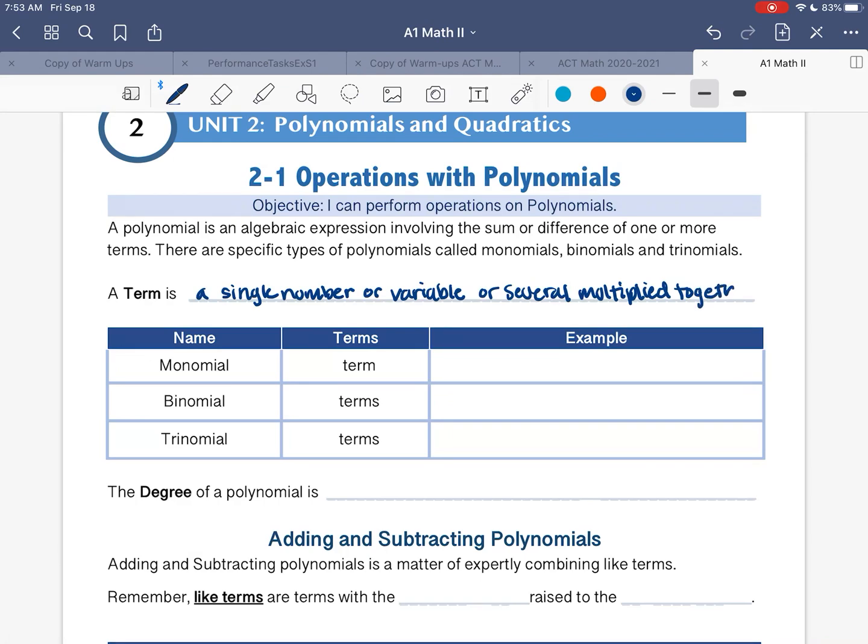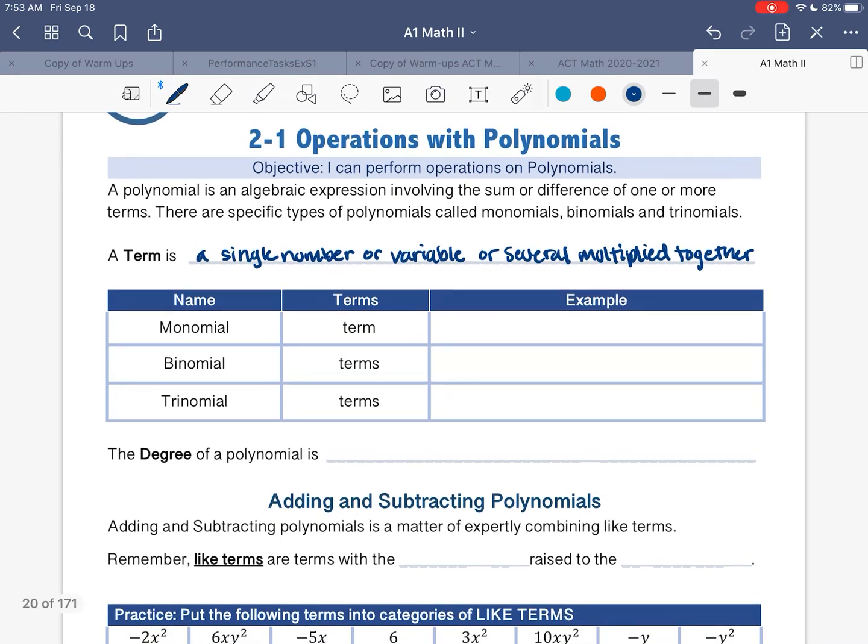It's a very broad definition because it can be a lot of different things, but we'll get used to what a term is here in a second. So a monomial is a polynomial with only a single term.